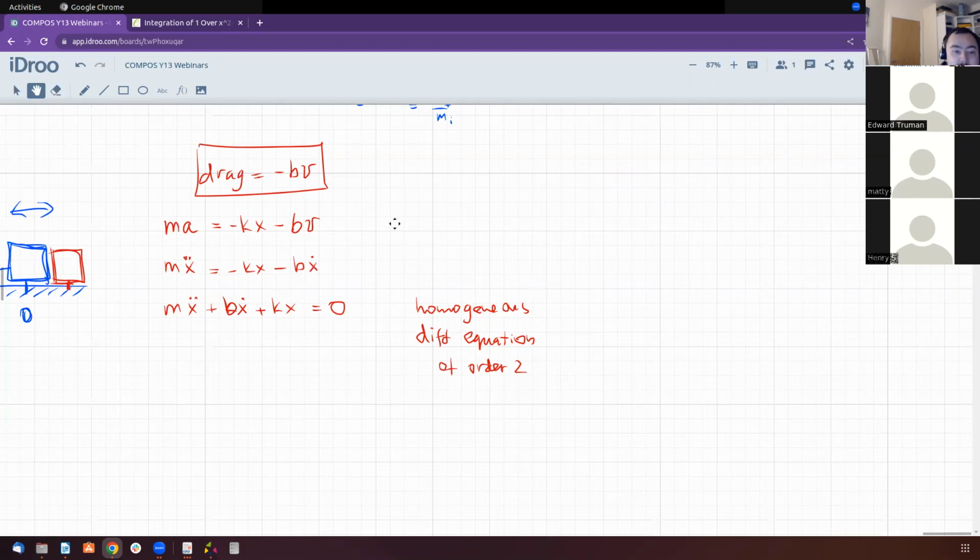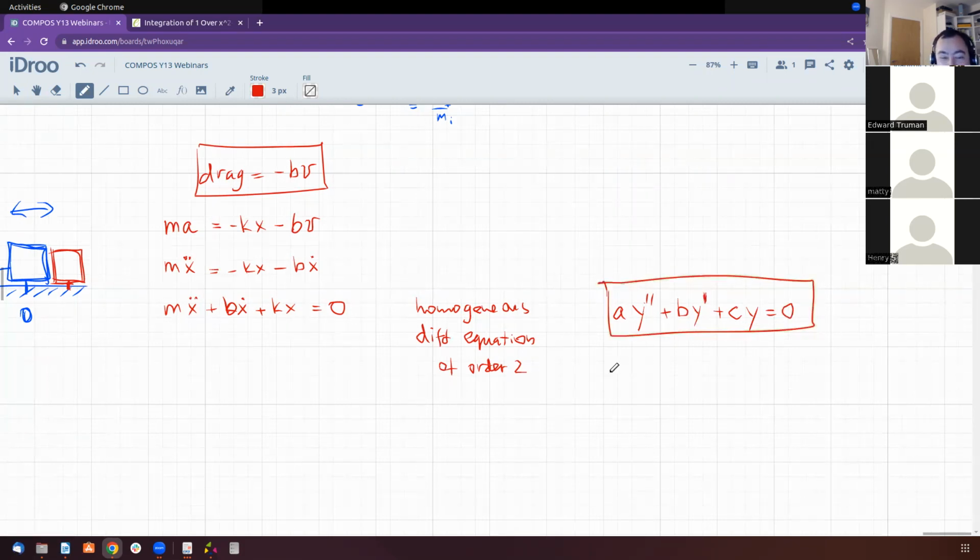Okay. Yeah, so it looks like this: a y double dash plus b y dash plus c y is equal to 0. That's how it looks in maths.